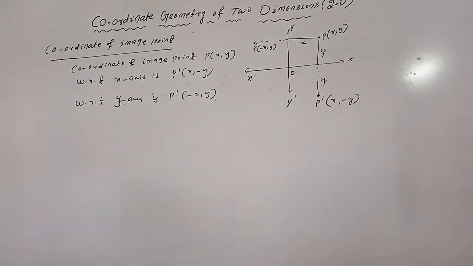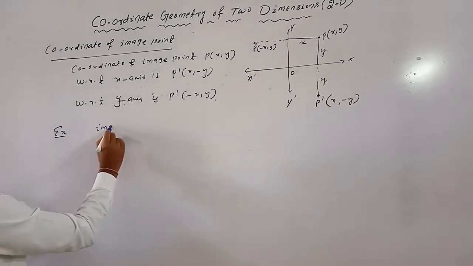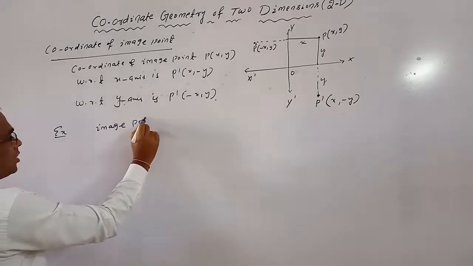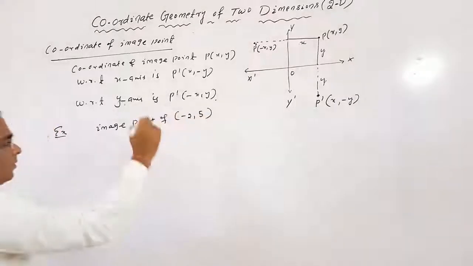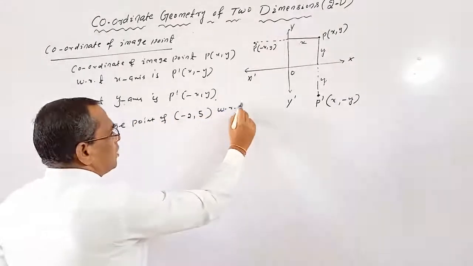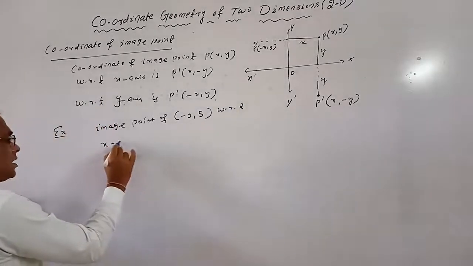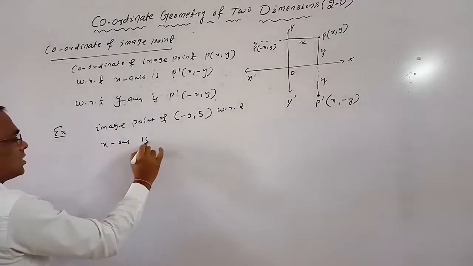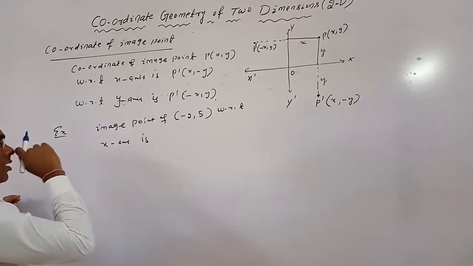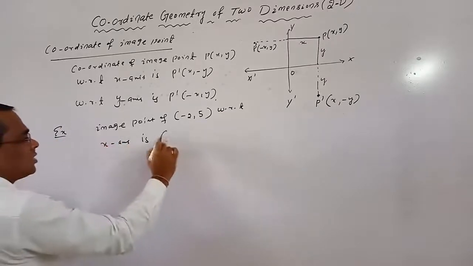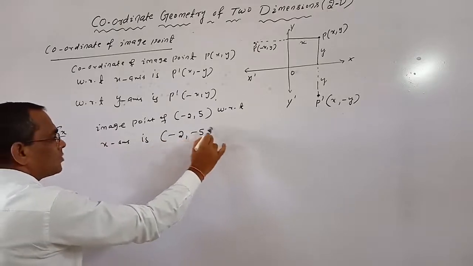Okay, for example, the image point of -2,5 with respect to x axis is: in the x axis the y axis is perpendicular, so the y coordinate must be changed: -2, -5.